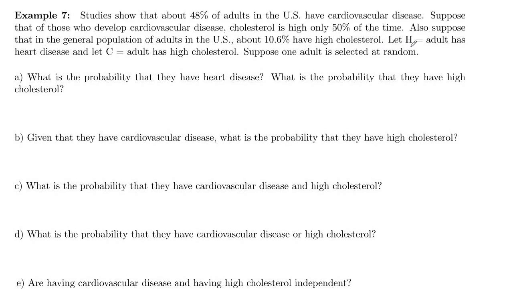So H is going to be an adult has heart disease. C is going to be that the adult has high cholesterol. Suppose one adult is selected at random. So we want to know, what is the probability that they have heart disease? So that is H. So 48% of adults have cardiovascular disease or heart disease. So that's the probability of H right there.